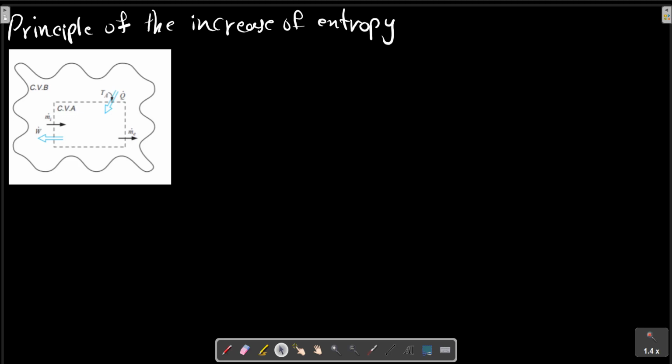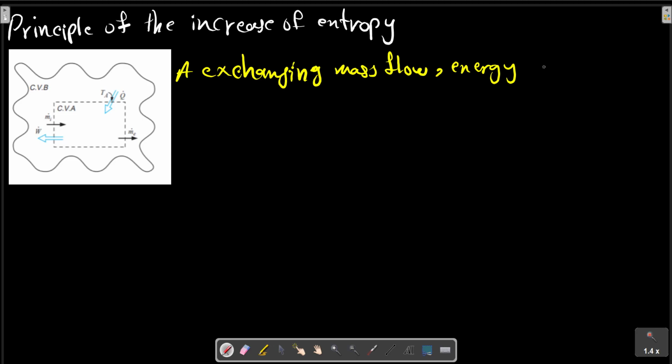Assume a process takes place in control volume A, exchanging mass flow, energy, and entropy transfer with the surroundings.